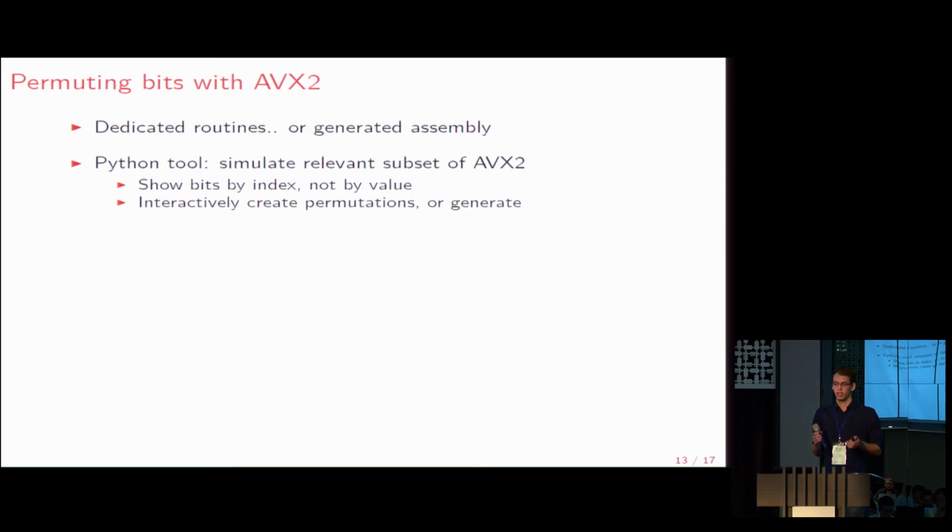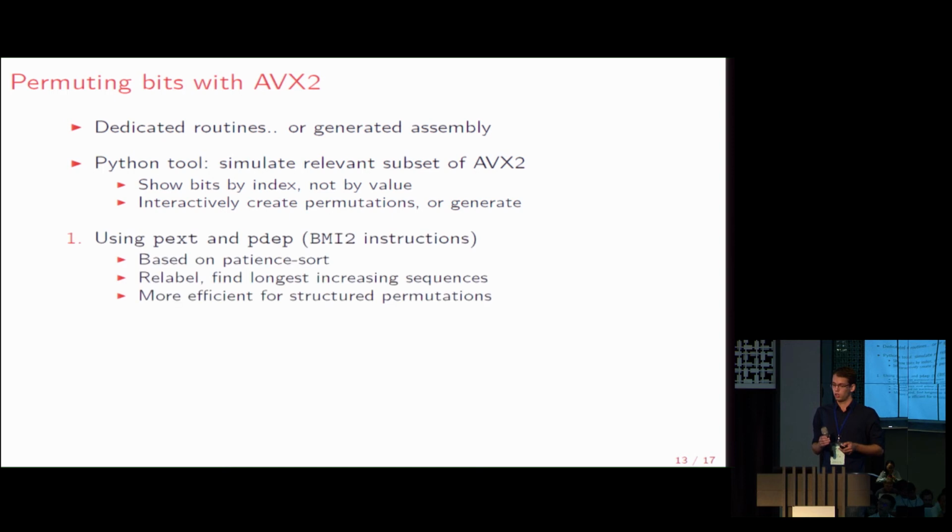And rather than having a look at the output, which is just a series of 1s and 0s, you can tag the bits with their initial position and the goal position and track where they're going. And then interactively create these routines. So this allows you to write individual routines for the permutations that you need, or routines that generate the assembly.